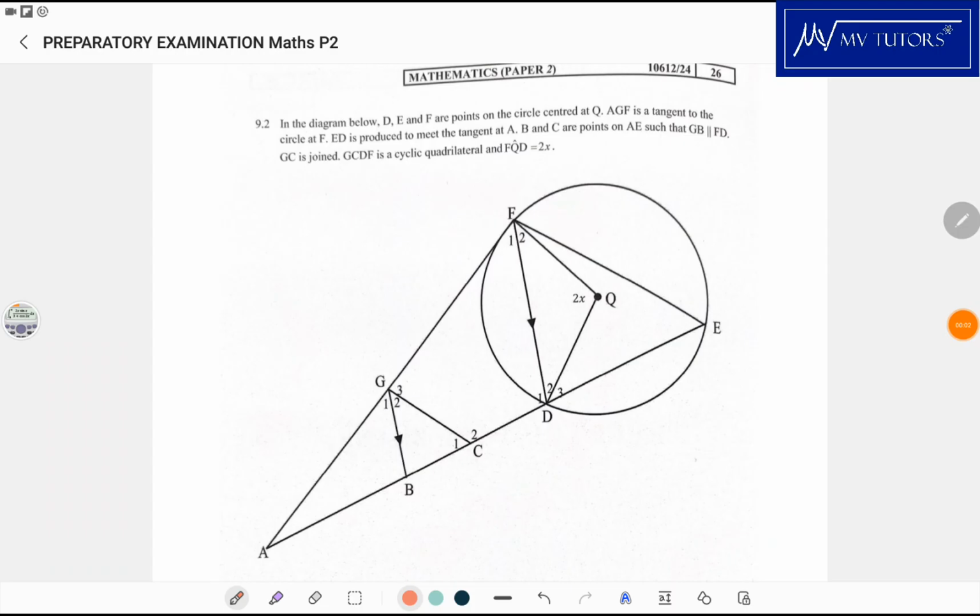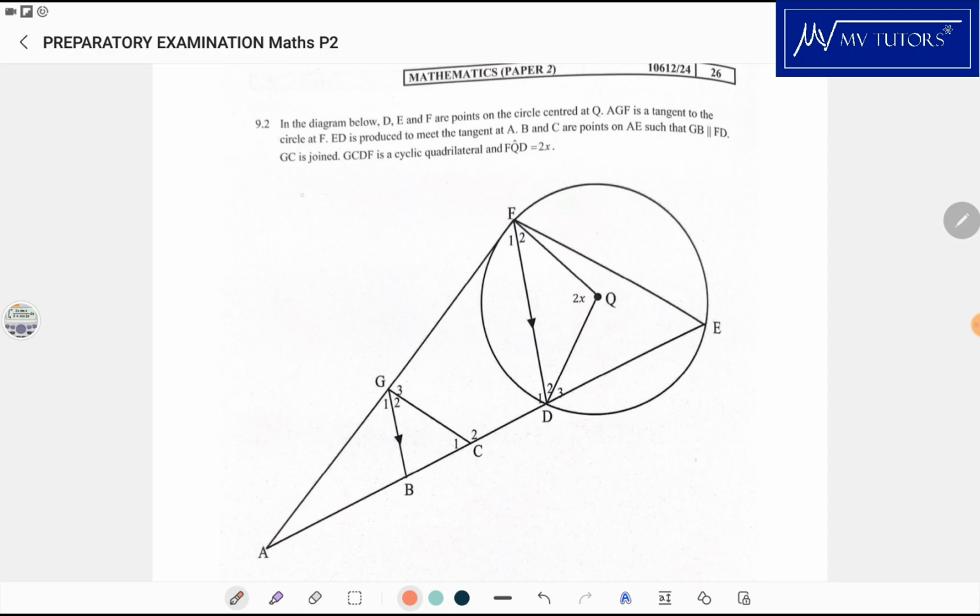Okay, let's look at this next question. It says in the diagram below, D, E, and F are points on the circle centered at Q. So Q is the center. AGF is a tangent to the circle at F. ED is produced to meet the tangent at A. B and C are points on AE such that GB is parallel to FD.